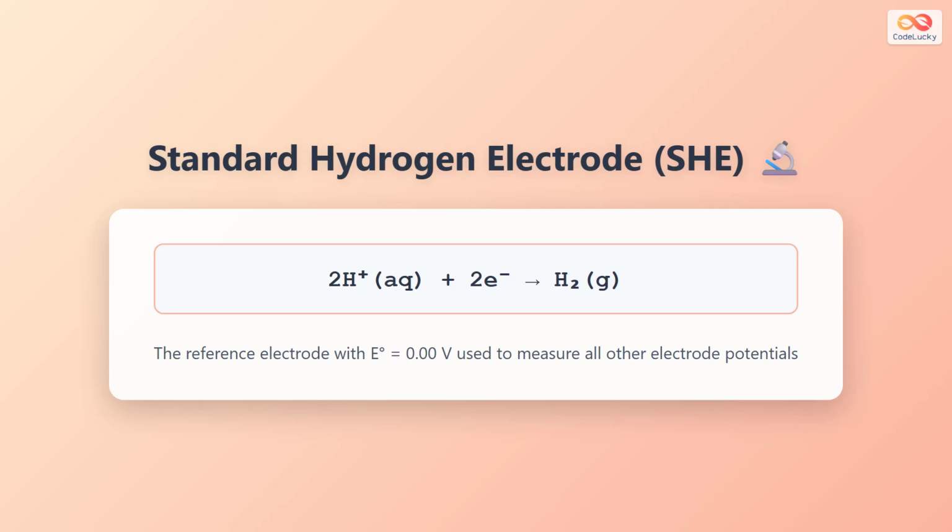By international agreement, this reaction is assigned a standard reduction potential of exactly 0.00 volts. All other electrode potentials are measured against this reference. This standardization has made it possible to create consistent tables of reduction potentials used worldwide.